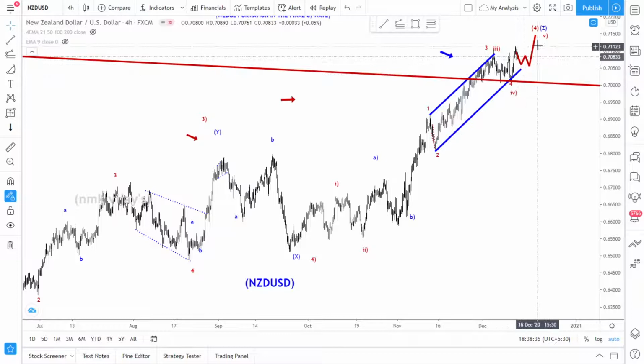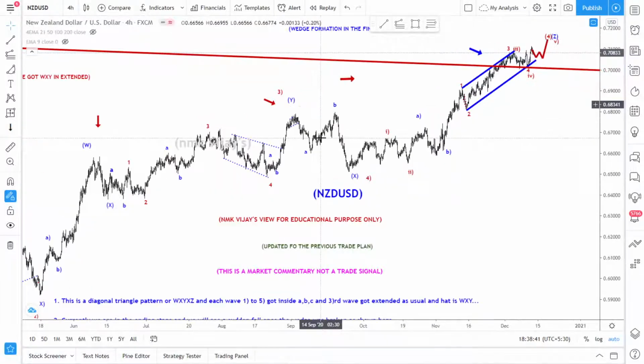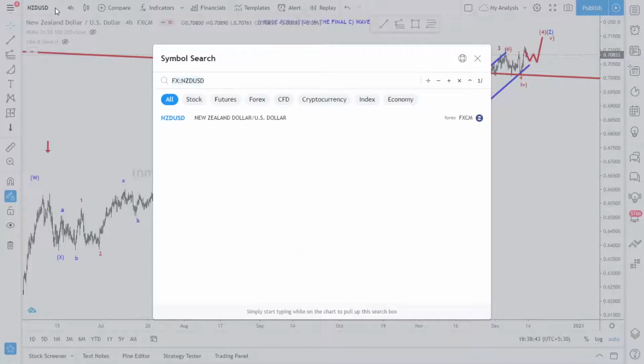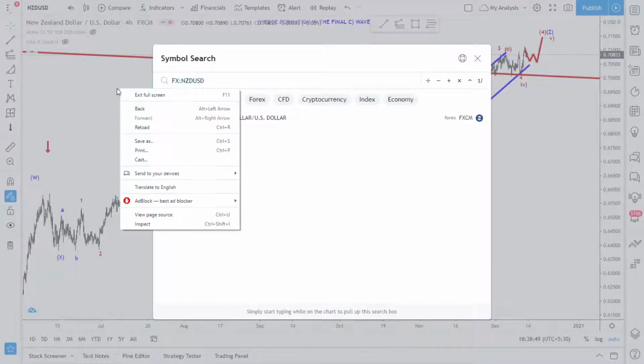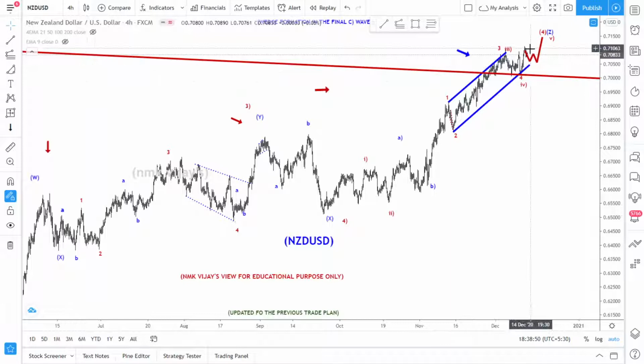Maybe one more wave to the upper side to the 77, and here 7150 or 72 is also possible. And the same thing in DXY, what I said, and EUR/USD also 1.2250. So it's looking like everything has a little bit of pullback this week, up to Wednesday, and Thursday is the FOMC meeting.